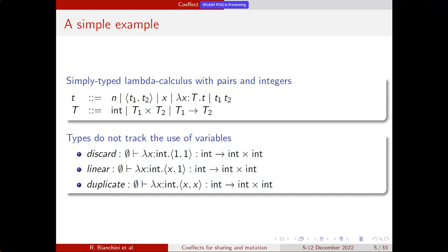If discard just takes an x, trashes it away, and returns the pair 1, 1, it's a function from int to int. If you take the x and use it only one time in the body, it's still a function from int to int. And if you duplicate the x and use it 2 times, it's still a function from int to int.